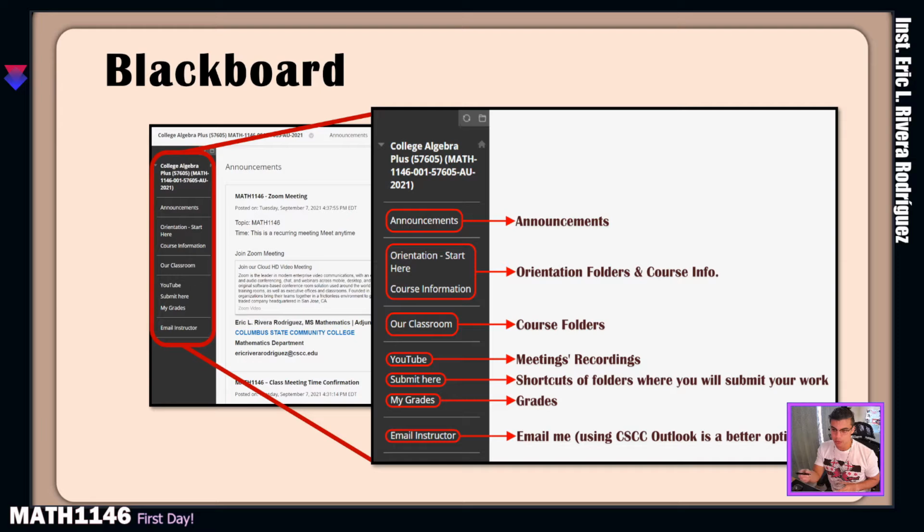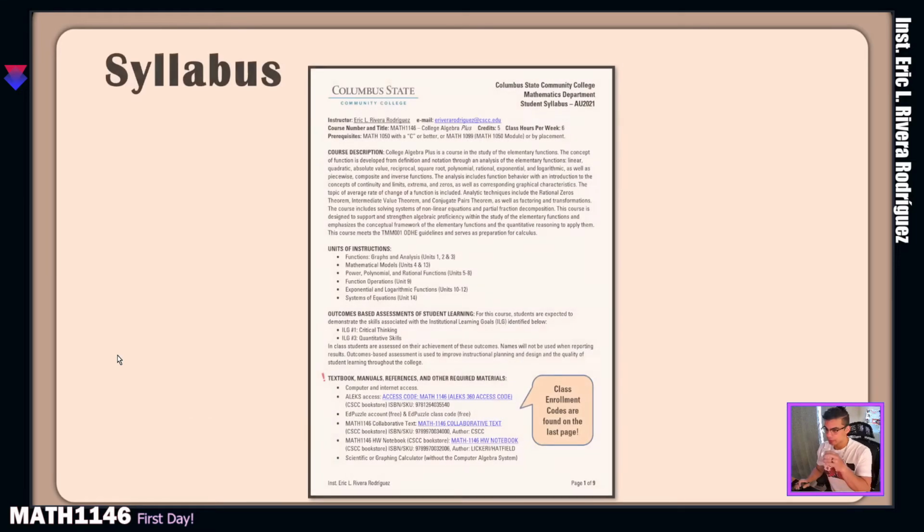What we are going to do is discuss the syllabus of the class, and in the presentation I highlighted the most important parts of the syllabus, and we start discussing the class materials. The first email that you received from me contained this information about the class materials.